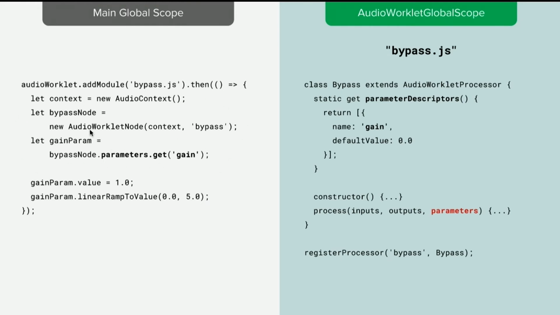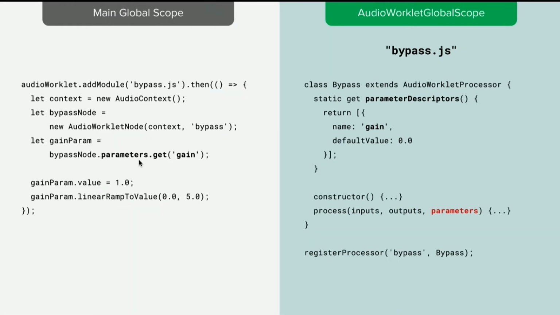This is kind of interesting, right? You just created an AudioWorklet node named bypass, and now you have a bypass AudioWorklet node. But this bypass node has an AudioParam named gain. So how do you access it? All AudioWorklet nodes have this parameters getter.